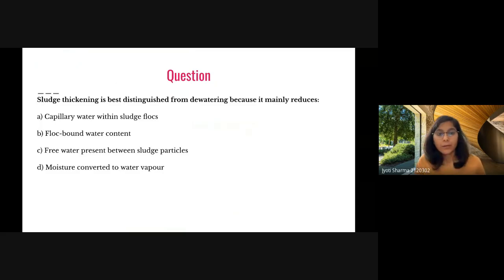Okay. As I told you, we already have talked about thickening, right? And another term is dewatering. So how are thickening and dewatering different from each other? Sludge thickening is best distinguished from dewatering because it mainly reduces... We have four options here: capillary water within sludge flocks, flock bound water content, free water present between sludge particles, moisture converted to water vapor.